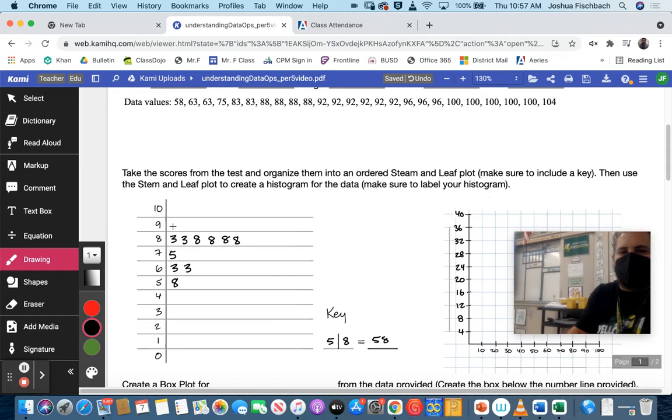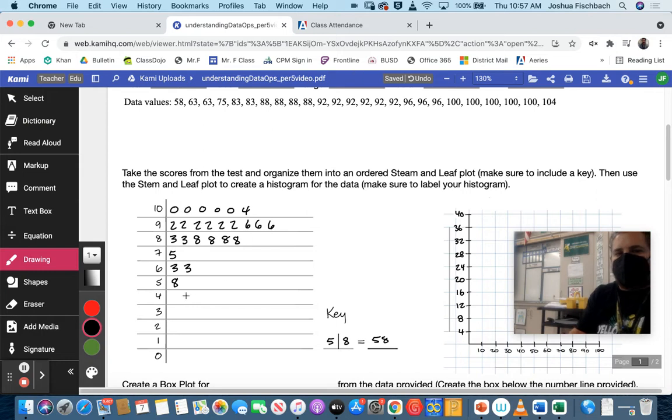So on the 90 to 100 interval, you're going to do 92, 92, 92, 92, 92, and 92. You've got 3 96s, so 96, 96, 96. You've got 1, 2, 3, 4, 5 100s, so that's going to be 100, 100, 100, 100, 100. That's 5 100s. And then you've got 104. Now that would be 104, just like that.